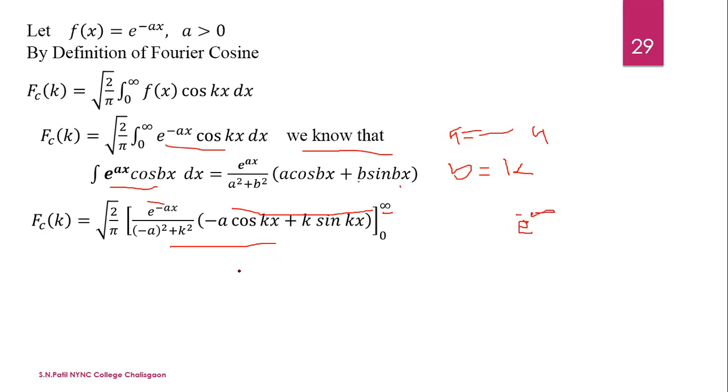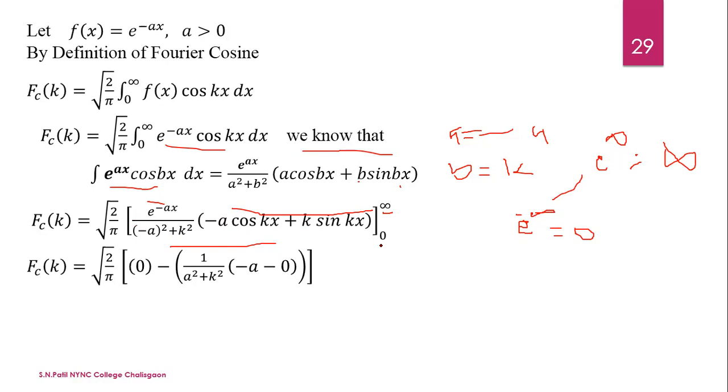I'm talking about the upper limit. So e raised to minus infinity is 0, since e raised to infinity is infinity, and 1 upon infinity is 0. So upper limit is 0.